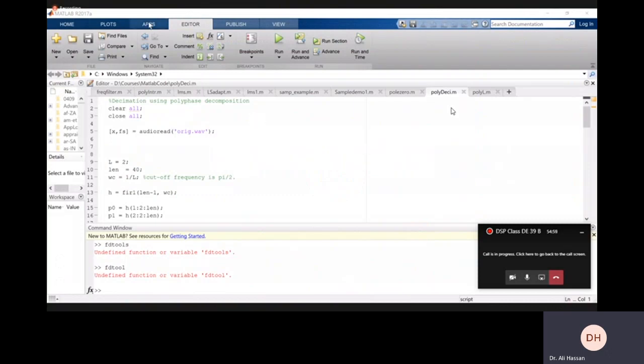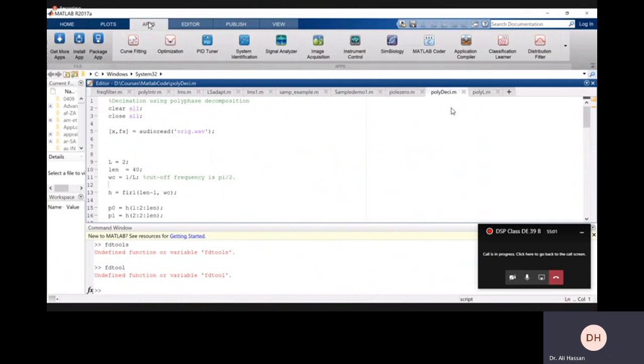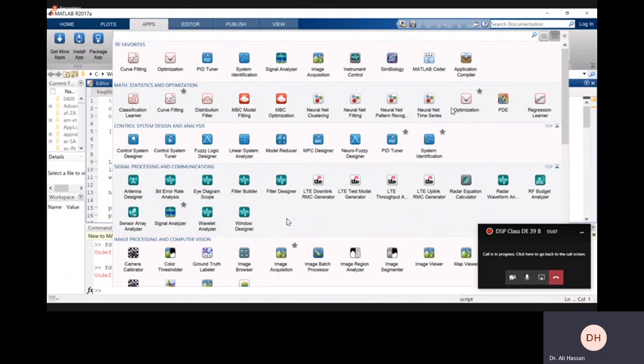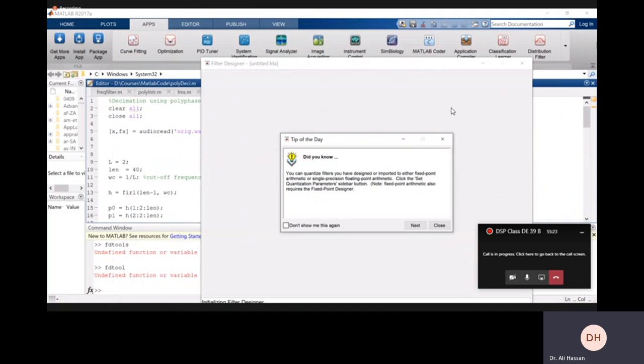These are the apps, and here is the filter design. This is the filter design application, a very, very powerful tool in MATLAB that you can use to design different types of filters. I hope everybody can see this filter design screen.